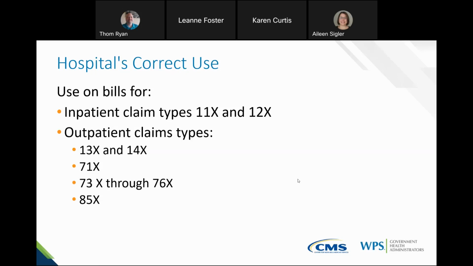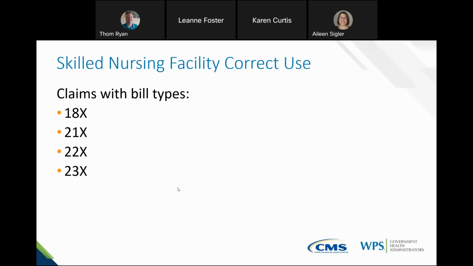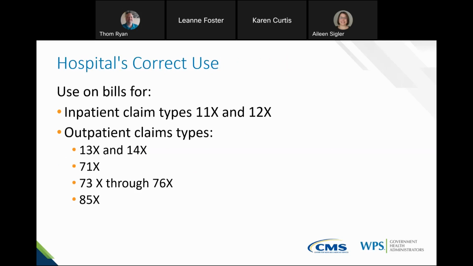So you want to make sure that when you're using this status field, if it's not on one of these claims, it's not going to be applicable. As you look through, you want to make sure you're checking if there are specific requirements or other things that are needed. You'll want to make sure you get that information too, and that's in the IOM, the Internet Only Manual. It's got more references for those down below.